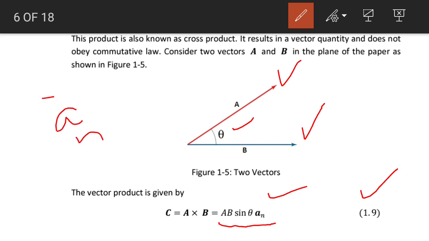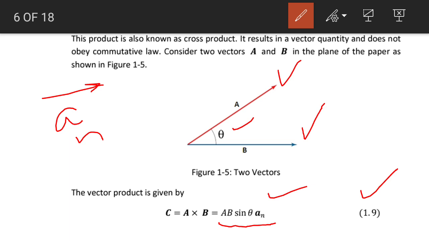So this unit vector an is normal to the plane containing A and B. If these two vectors are in the plane of the board, in the plane of the screen, then the resultant vector will be normal to the screen.